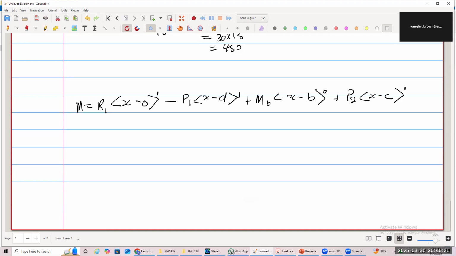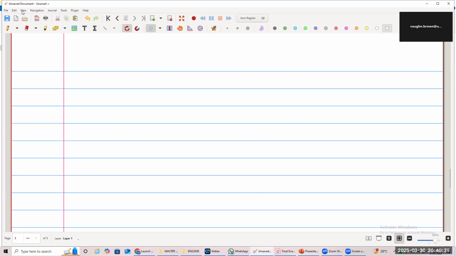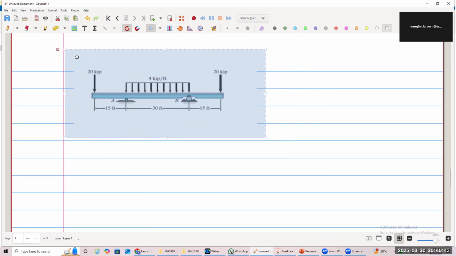Let me get another page. Right. So for the singularity function, I'm just gonna show you and write an expression for you.